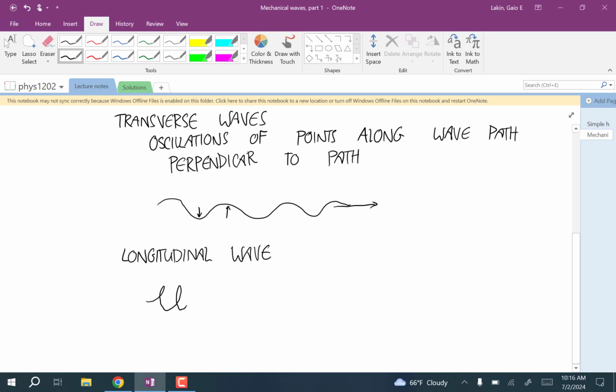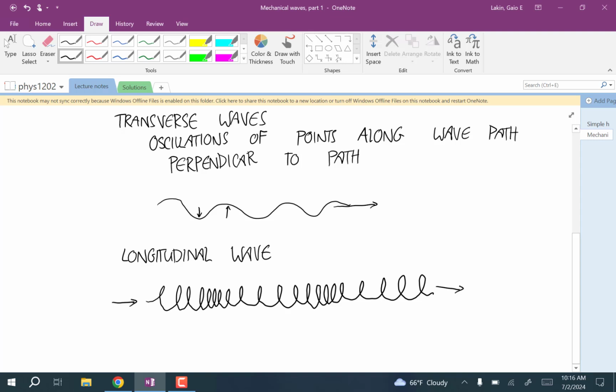So if this is a slinky, and you send pulses down the slinky in this direction, what you would see is areas where the spring is stretched out and areas where the spring is compressed together.